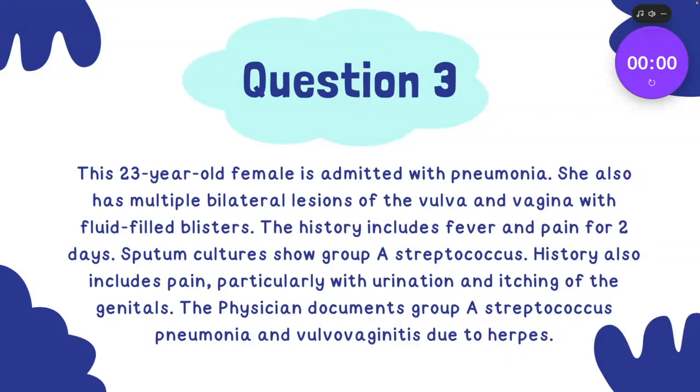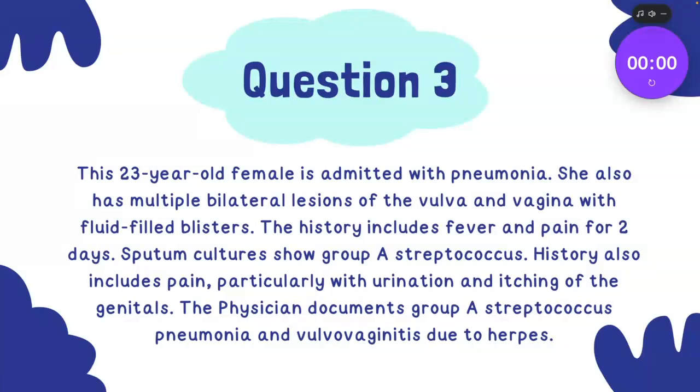History also includes pain, particularly with urination, and itching of the genitals. The physician documents group A streptococcus pneumonia and vulvovaginitis due to herpes.